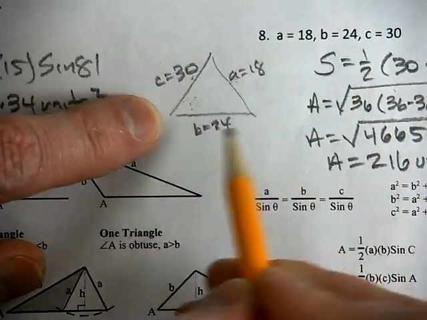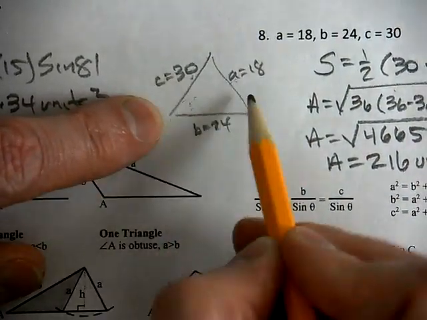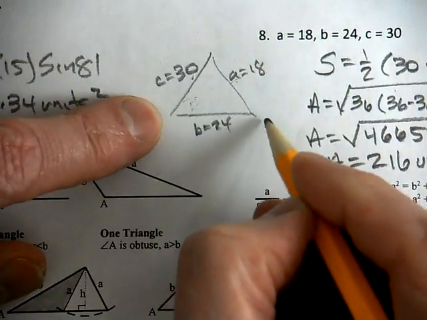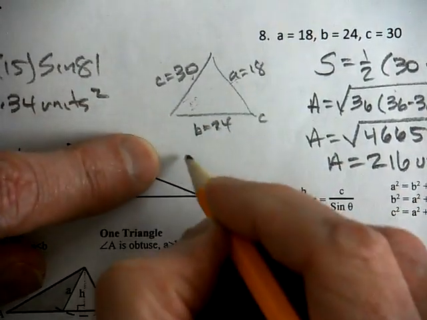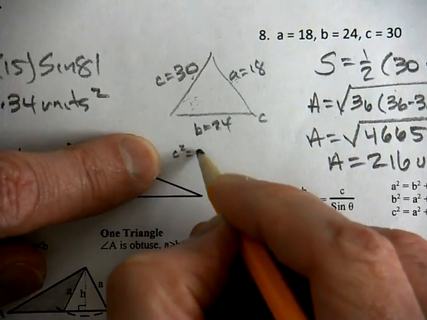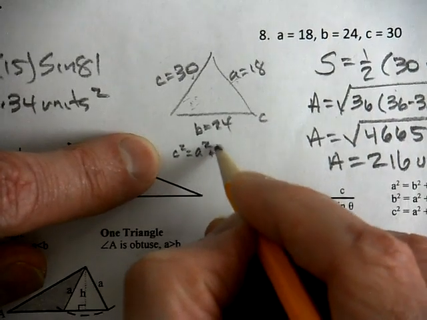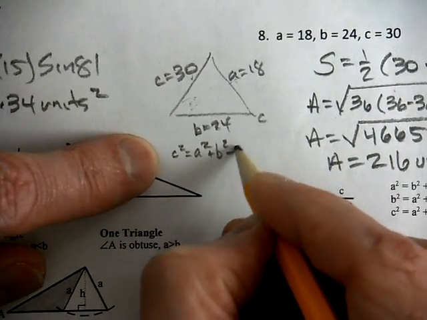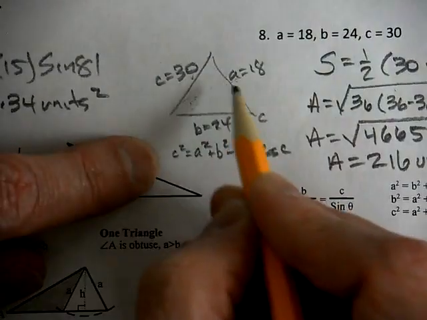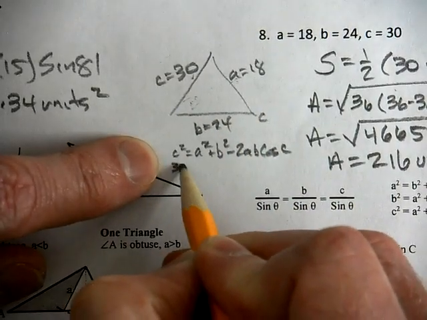So if we want to solve for the largest side, you always solve for the largest side, which would be the largest angle. If we were doing that for this problem, we would need to do c squared equals a squared plus b squared minus 2ab cosine of c. So you would put in your 30.